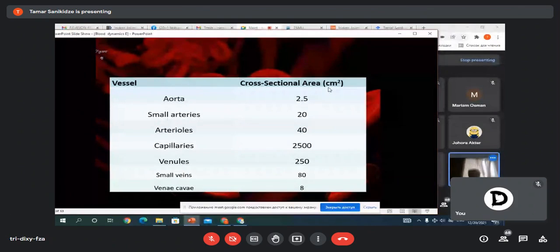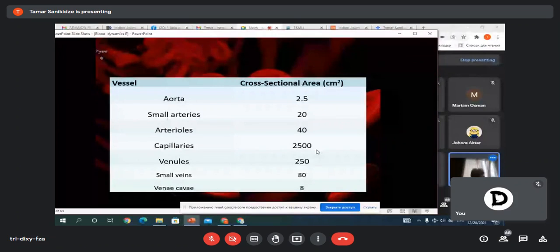Now, what about the aorta? Its cross-section area is 2.5 square centimeters. Each artery, arteriole and capillary is narrow, but as they are divided, the total cross-section in the capillary network is 1,000 times more than the cross-section of the aorta. So where will the speed of the blood be more, in the aorta or in the capillary network?